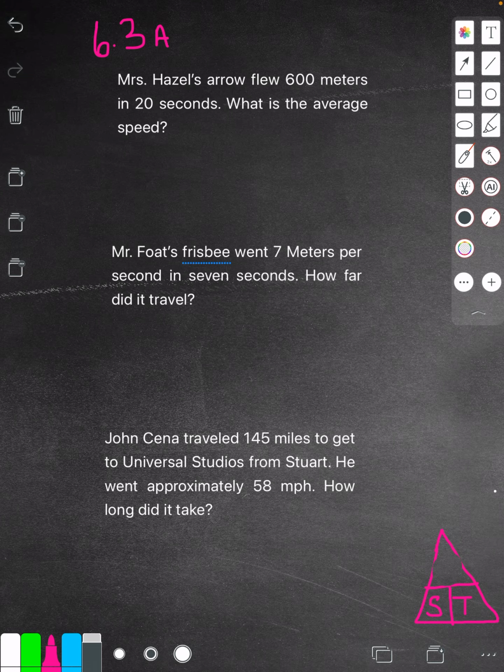What would be left would be speed right next to time. The S represents speed, the T represents time. Because of that, we know that to find the distance, which is what we covered, because that's what we're looking for, that's what we don't know, then we can multiply speed and time.